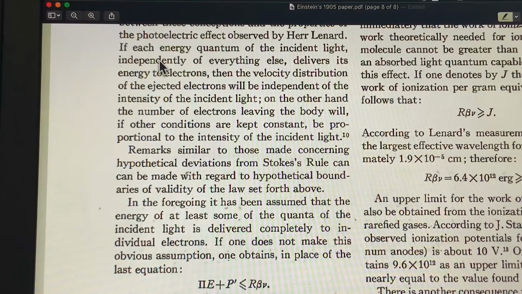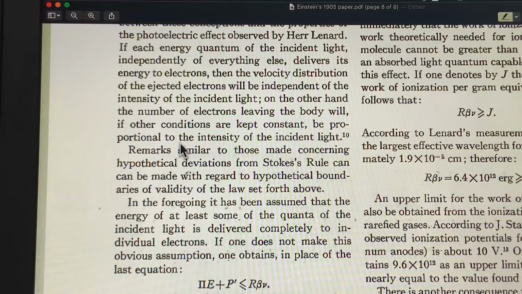He says that if each energy quantum of the incident light, independently of everything else, delivers its energy to electrons, then the velocity distribution of the ejected electrons will be independent of the intensity of the incident light. On the other hand, the number of electrons leaving the body will, if other conditions are kept constant, be proportional to the intensity of the incident light.